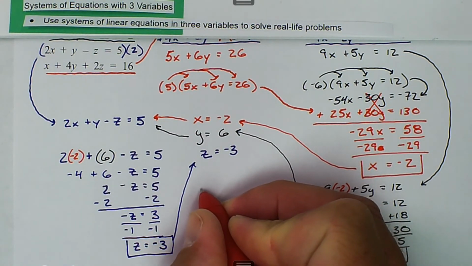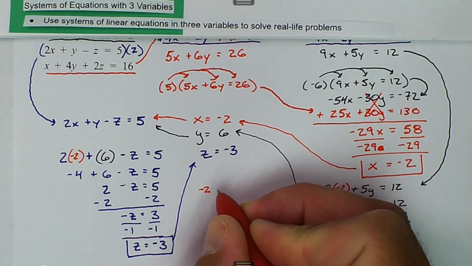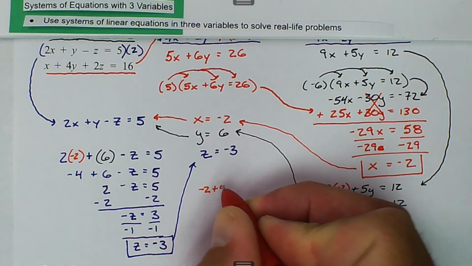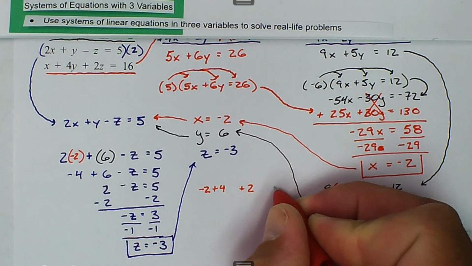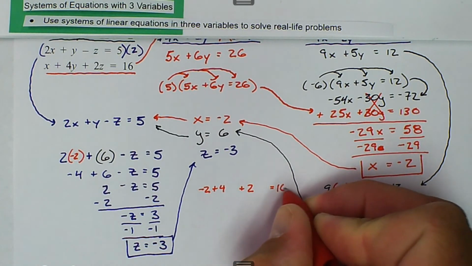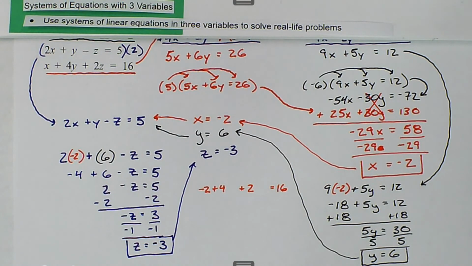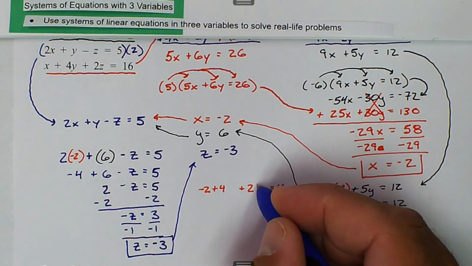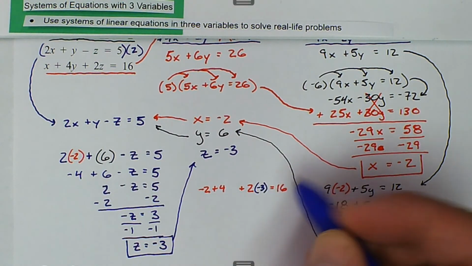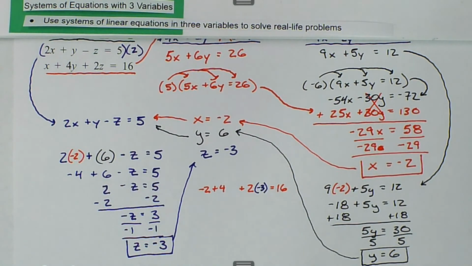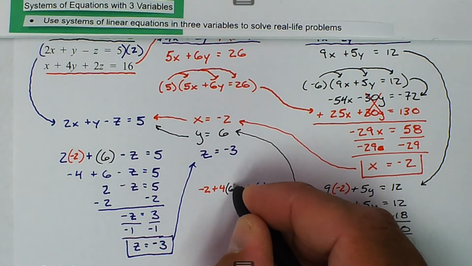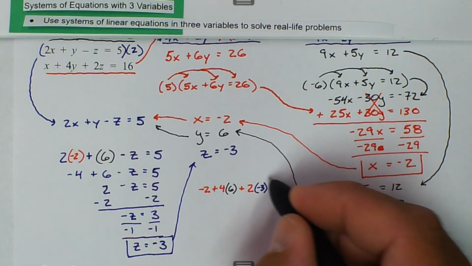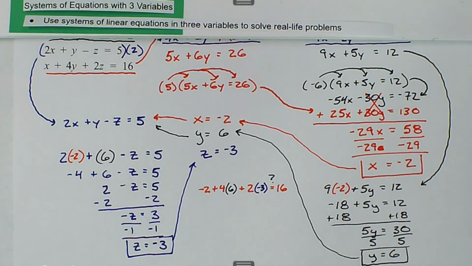So for the x, we have -2 plus 4 times the y value, plus 2 times the z value, and that's going to be equal to 16. So the z value was -3, and the y value was 6. And we want to check this to make sure that it works.